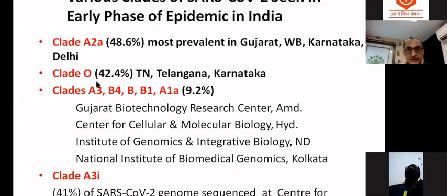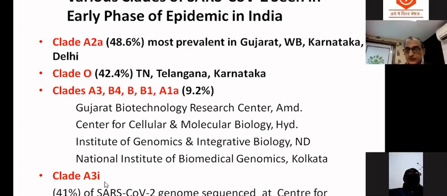So these are clades A2A, A3, B4, which have been isolated from the Gujarat Institute of Cellular Molecular Biology. And what is in the southern states is the clade A31A, 31I.